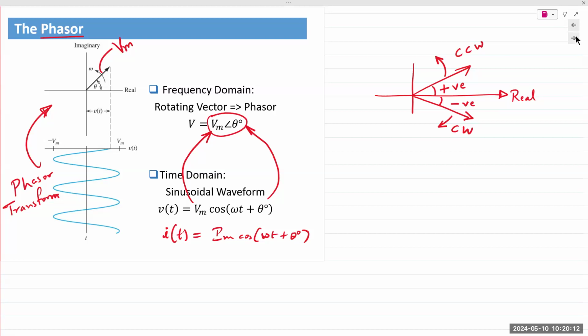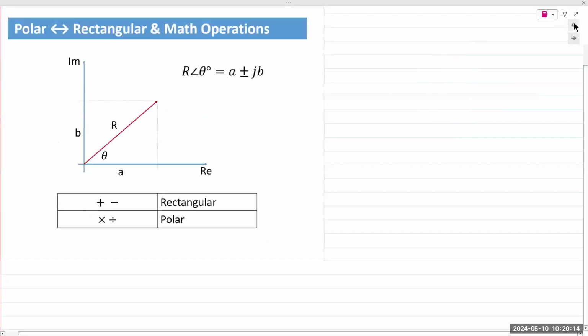If you extend a vector on the real axis, you get A. You project that vector on the imaginary axis, you get B. And you can obtain the rectangular coordinates. So R, the length, with a phase angle theta becomes A plus or minus jB.